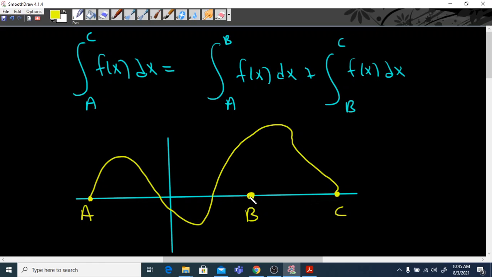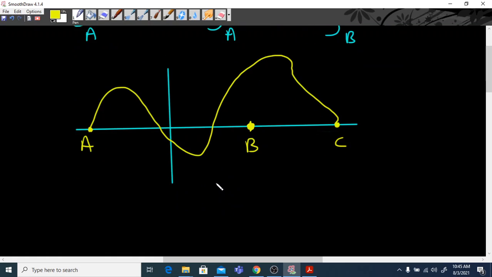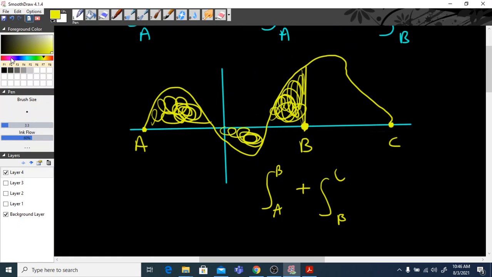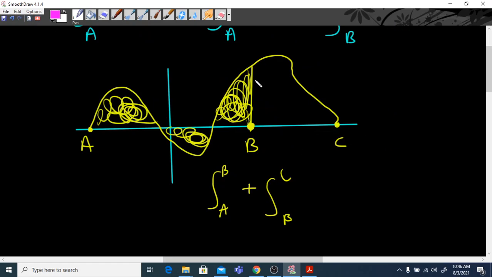I can pick any value in the middle and break it up. So I can integrate from A to B, and that will give me basically this and this and this added together. It stops here. It'll give me whatever the result of this minus this plus this is. And then plus the integral from B to C, that is going to be this guy, which I put in purple there.